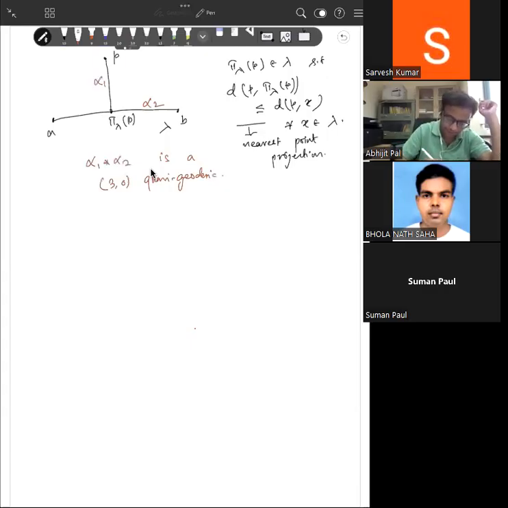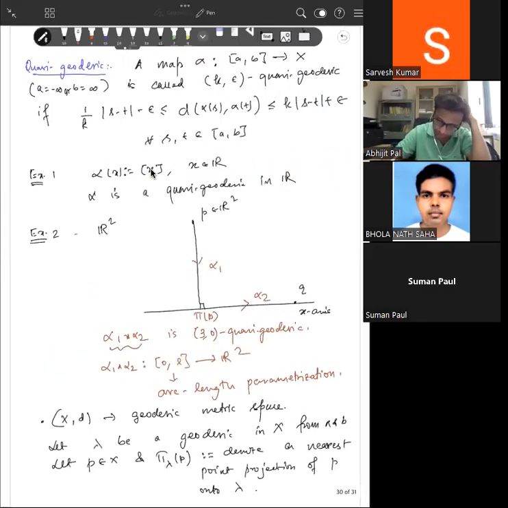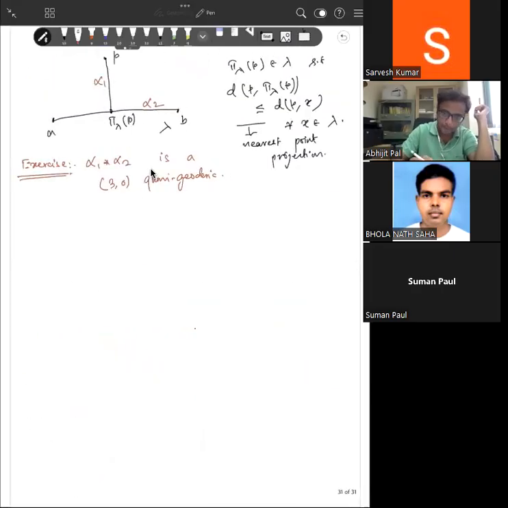This is an exercise, which we can discuss in the tutorial. This is not a geodesic, but indeed it is a (3, 0) quasi-geodesic. So in this definition, k is equal to 3 and epsilon is 0.